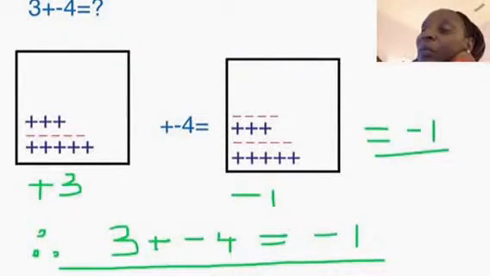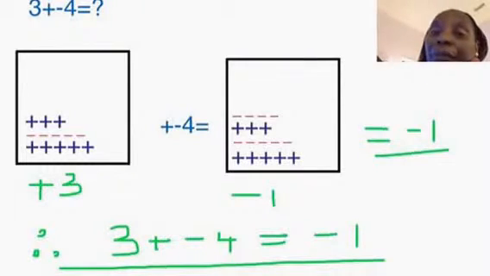So we add 4 negative signs, 1, 2, 3, 4. When we add those 4 negative signs, what do we see? We see that 1 balanced, 2, 3, and again we are left with 1 negative charge. And therefore, 3 plus minus 4 equals minus 1.